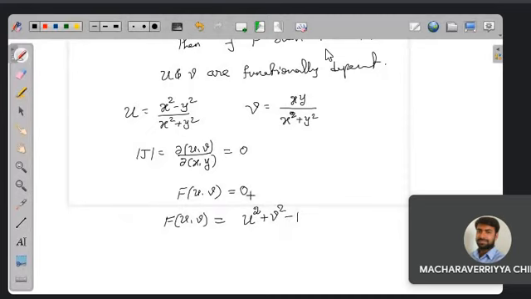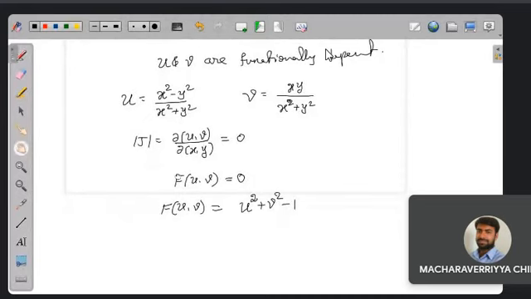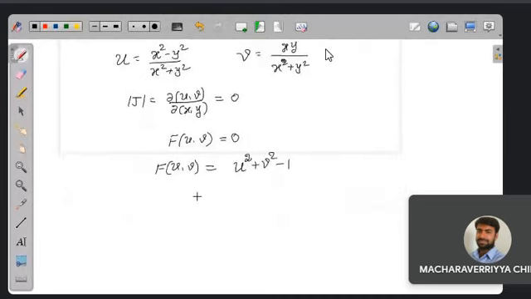If you take u square here, that is x square minus y square whole square, and in the denominator I have x square plus y square whole square, plus v square.